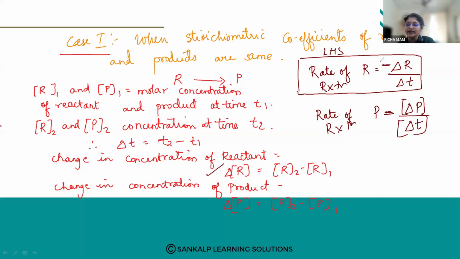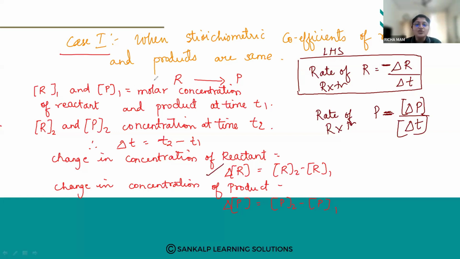This negative sign indicates the decrease in concentration of reactant in unit time. And your product will be positive. This is when the stoichiometric coefficients of the reactant and product are the same. In that case the rate of the reaction is given like this.